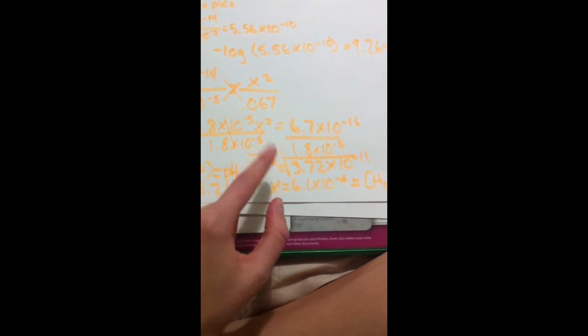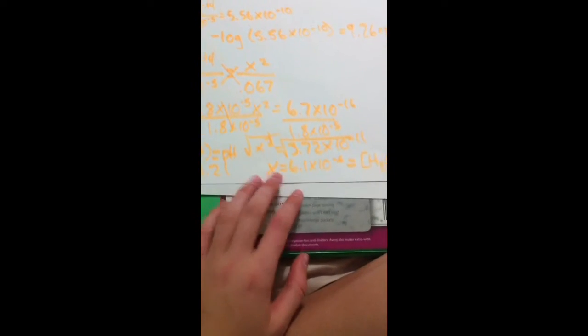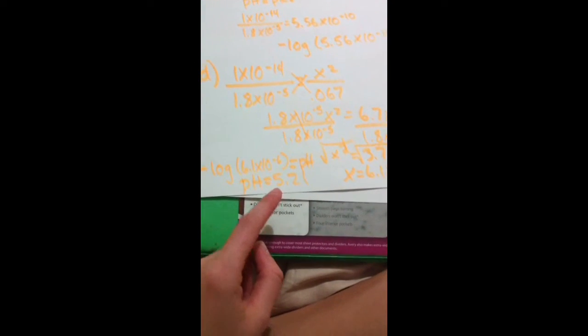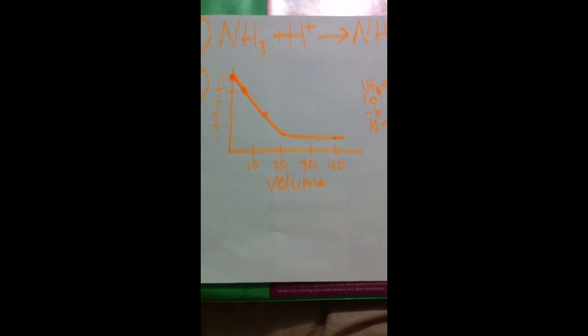And then you find the square root of each side, and you get x equals 6.1 times 10 to the negative 6 for H3O+. Then you plug this into the negative log, and that gives you the pH, which is 5.21. So we go back to our graph and plug that in the rest of the way.